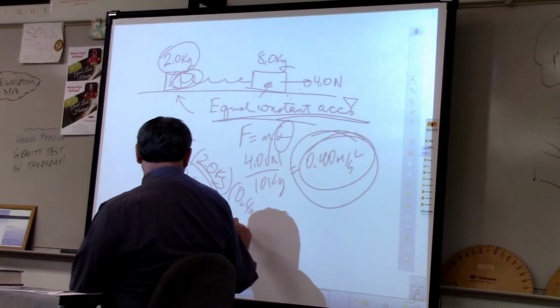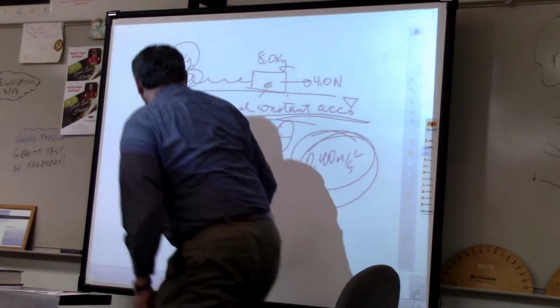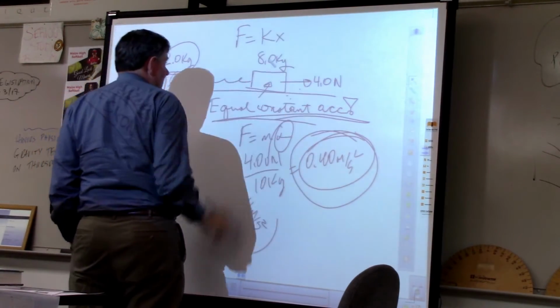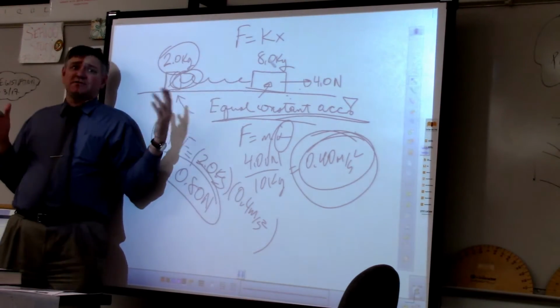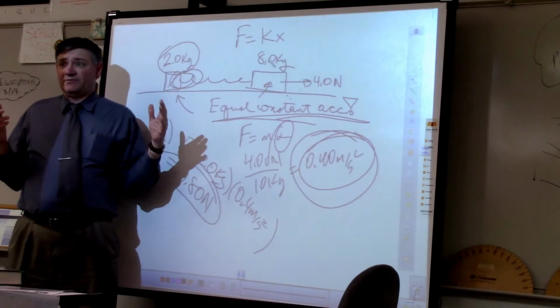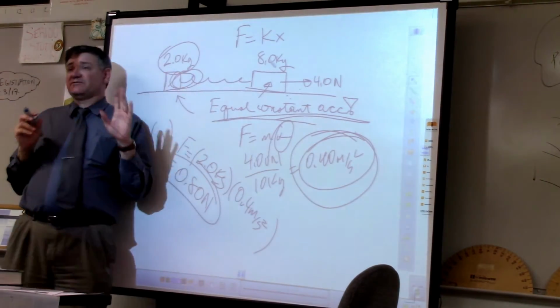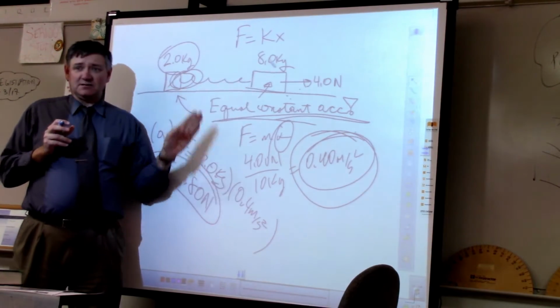I think this is why Kyle, you were asking this, so for part B, you have F equals Kx. Well, look at it this way. If they were just sitting there, and even if they were moving at constant velocity on a frictionless surface, what would be the extension of the spring?